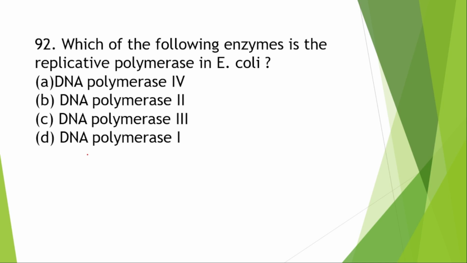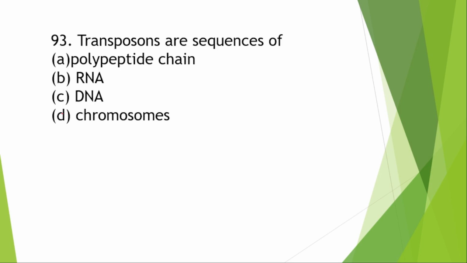Next question, that is 92. Which of the following enzymes is the replicative polymerase in E. coli? DNA Pol 4, Pol 2, Pol 3 and then Pol 1. Here the right option is option C, Pol 3. Next, 93.